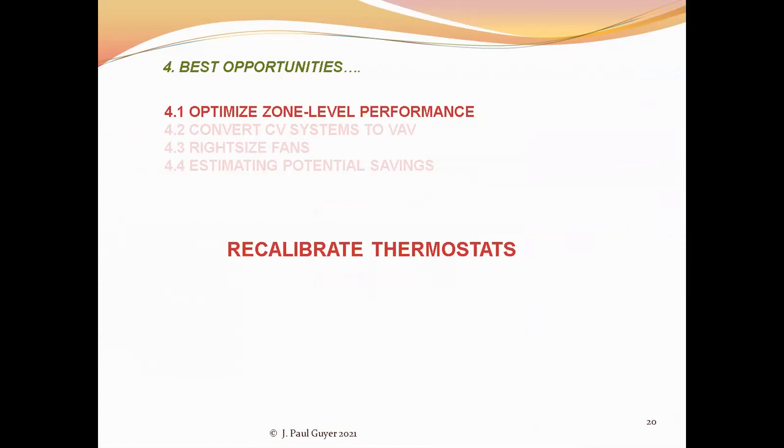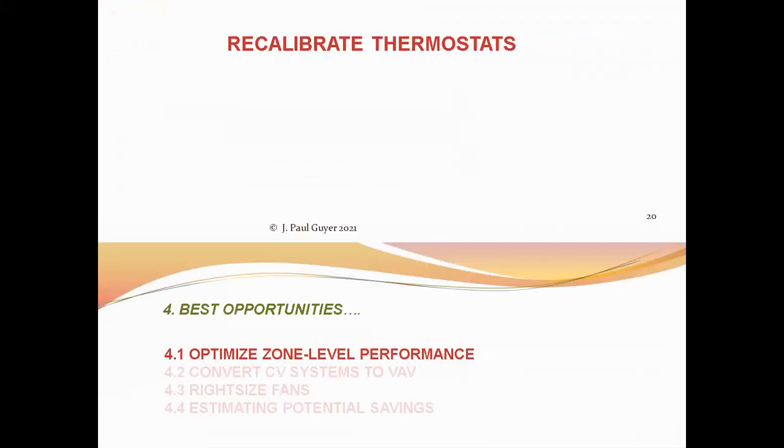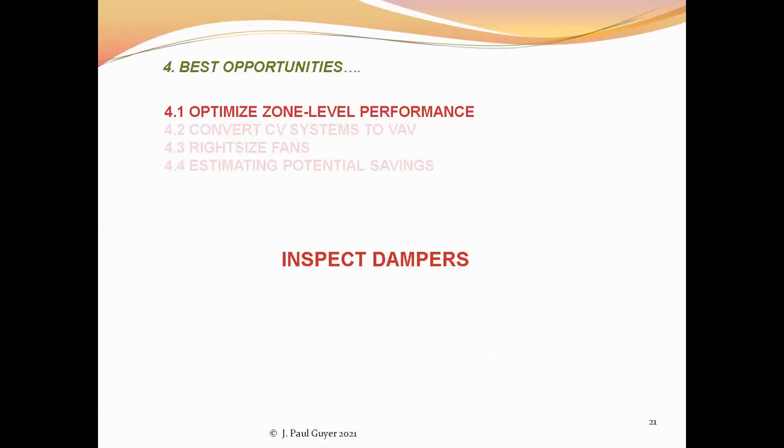The first thing that you look at is optimizing the zone level performance. You've got an air conditioning system that's serving several different zones on this floor, say, and take a look at the zone level performance. And one thing you may be able to do is to recalibrate thermostats.